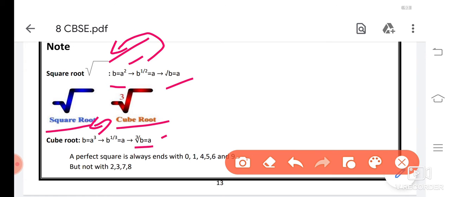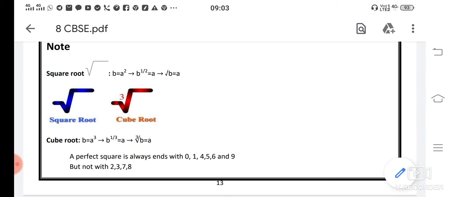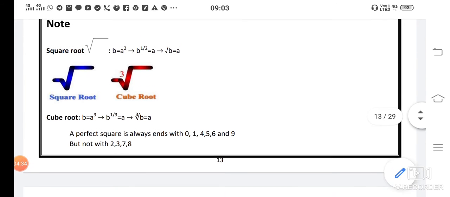So cube root of b is equal to a. A perfect square always ends with 0, 1, 4, 5, 6 and 9, but not with 2, 3, 7, 8.